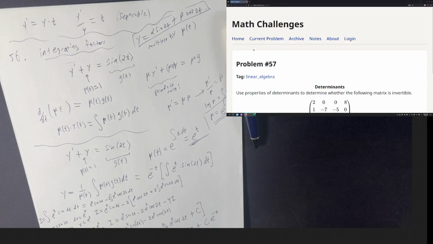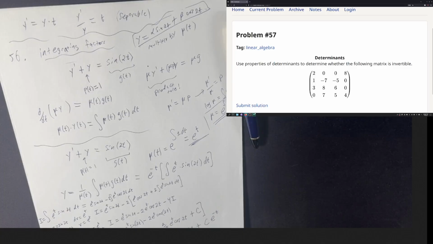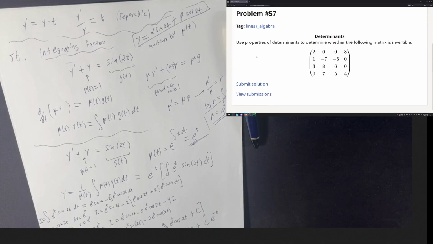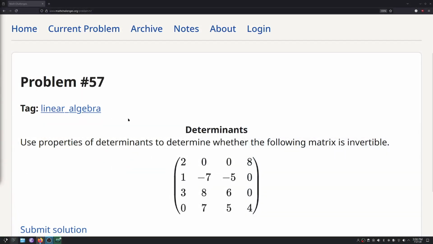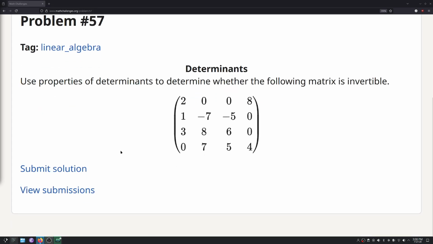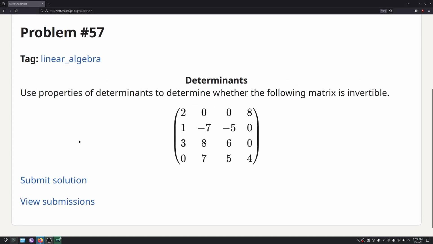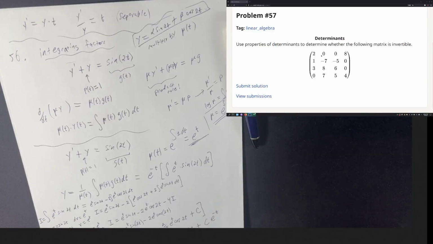That was differential equations. Let's take a look at our linear algebra problem of the week. Might be kind of anticlimactic for you guys. So I hope that's not too disappointing.